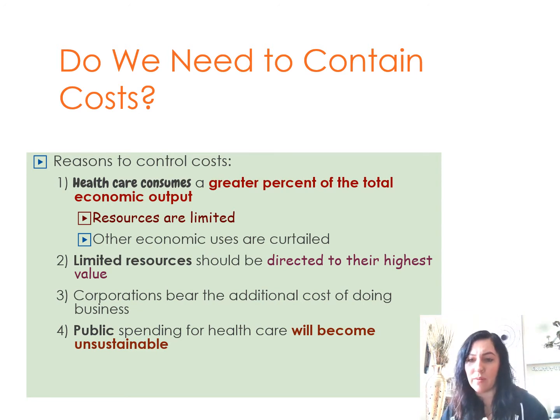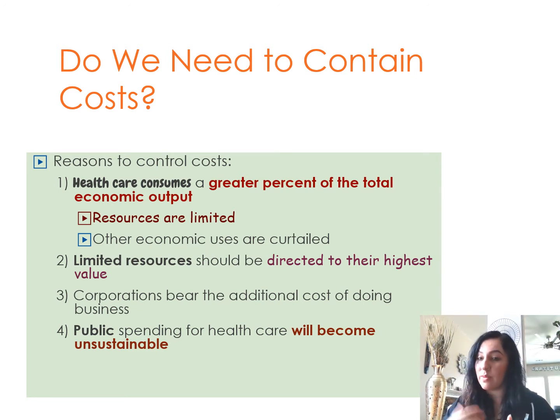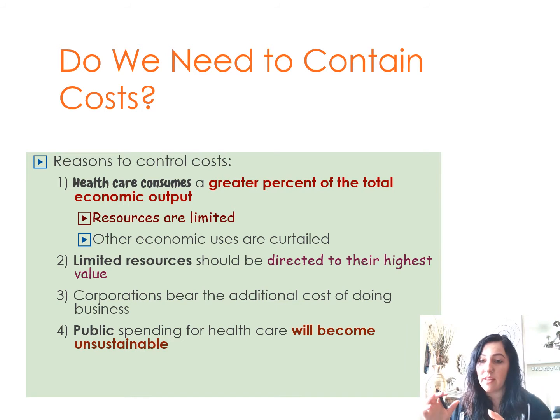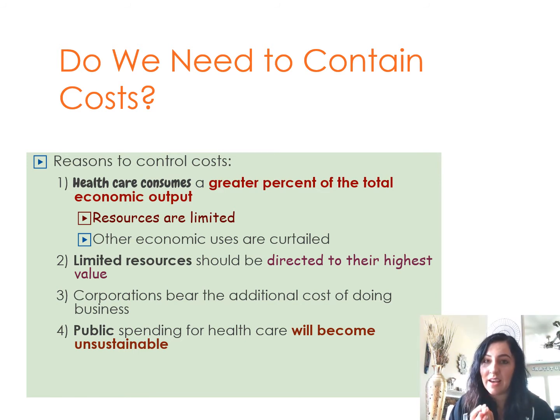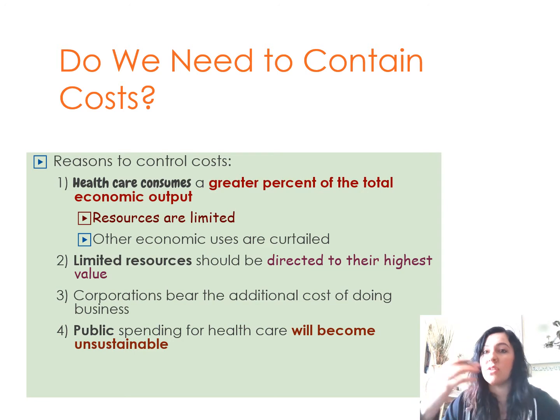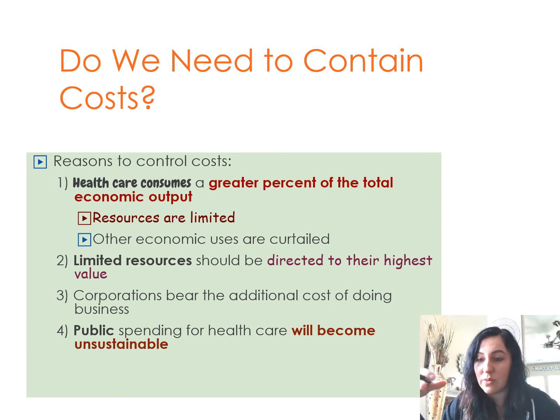Since we have a longer lifespan now, they are more than likely going to go into the long-term care system and be there for a long time. Will our Medicare and Medicaid programs be able to sustain that as well as everybody else? I don't know. If we don't start to reform what we're doing, then it may or may not be sustainable in the future.